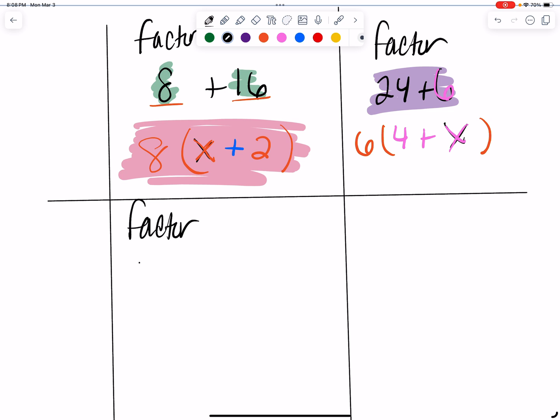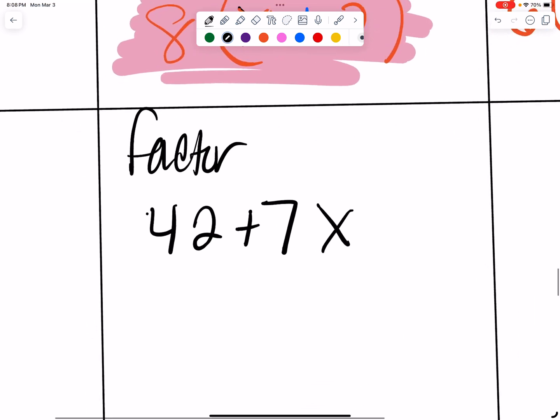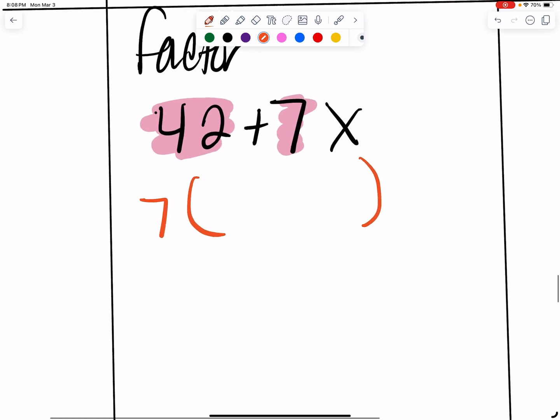42 plus 7x. Now, if I look at just the numbers, because there's no x here, I know 7 can go into both. So I pull out a 7. And then I ask myself, 7 times what goes into 42? Okay.